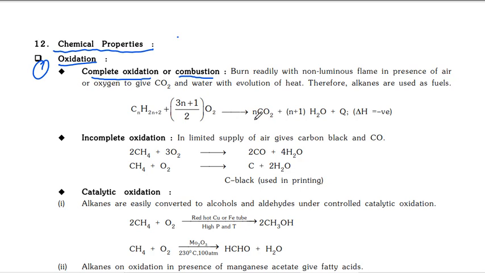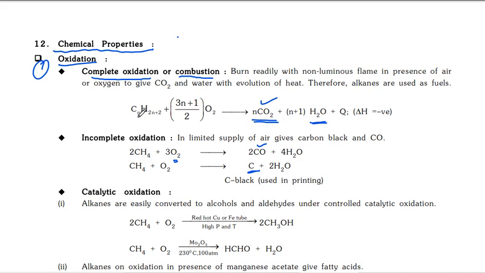So what are the products here? The products are generally carbon dioxide and water. Here there is complete combustion and incomplete combustion, that means insufficient oxygen. Whenever excess oxygen is there, it forms carbon dioxide, and when insufficient oxygen is there, it forms carbon monoxide and carbon.